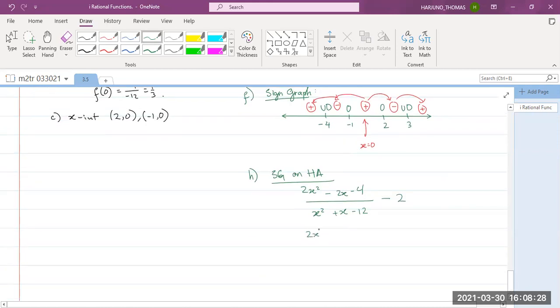Okay, 2x squared minus 2x minus 4 minus 2 times (x squared plus x minus 12), big over the LCD x squared plus x minus 12. Okay, that's the function minus the horizontal asymptote.